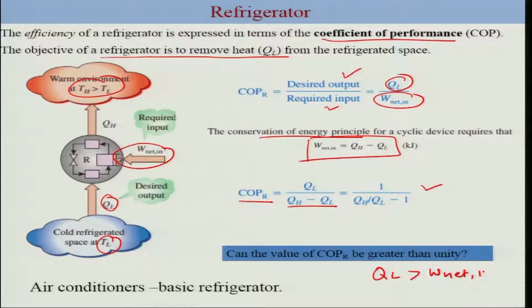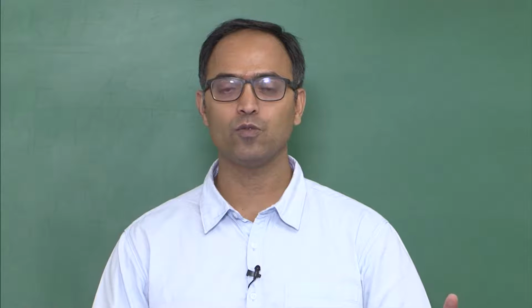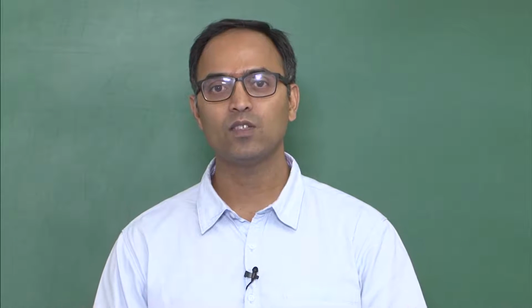In a similar philosophy, you have heat pumps, where the process is almost similar. However, the desired output is different from that of a refrigerator. The desired output is the heat transfer to a specific space, which is basically your room. For example, you want to heat it and keep that particular room at a specific temperature.